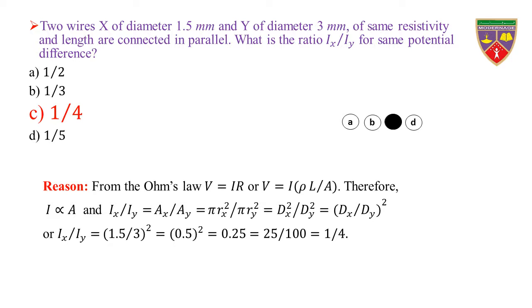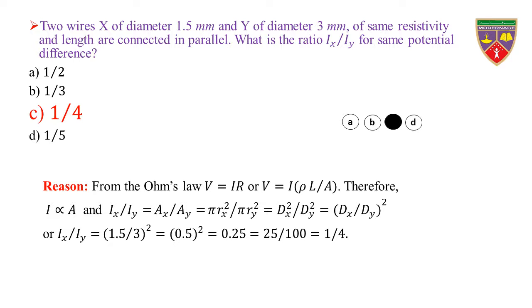We can write Ix to Iy is equal to Ax to Ay, which is equal to pi Rx square divided by pi Ry square. Pi is cancelled with pi, so we can convert the radii into the diameters, which are dx whole square divided by dy square, which is equal to dx divided by dy whole square.